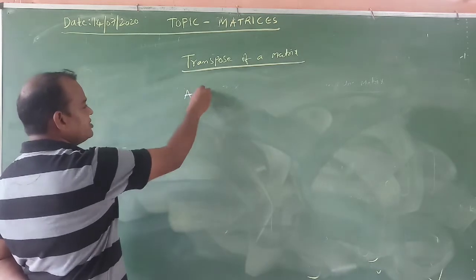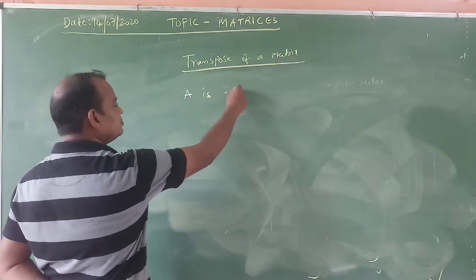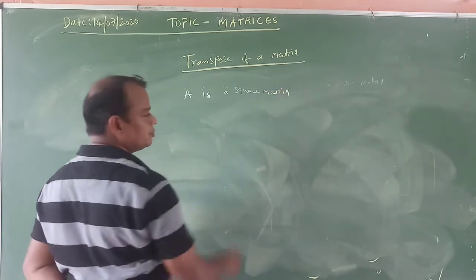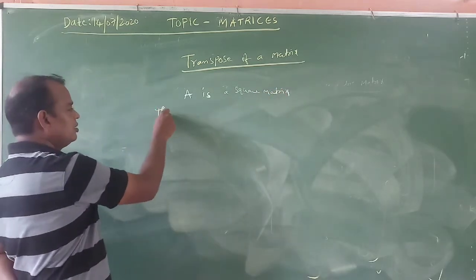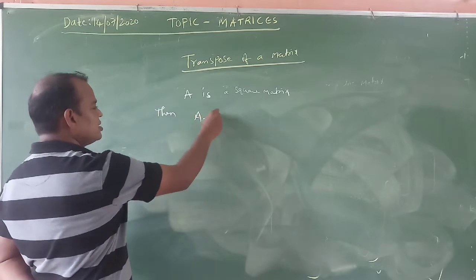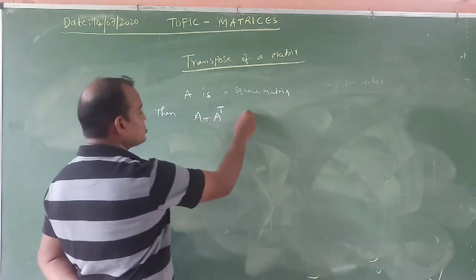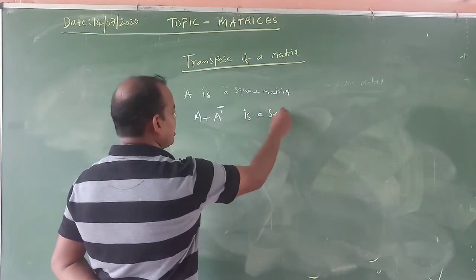Suppose A is a square matrix, then A plus A transpose is a symmetric matrix.